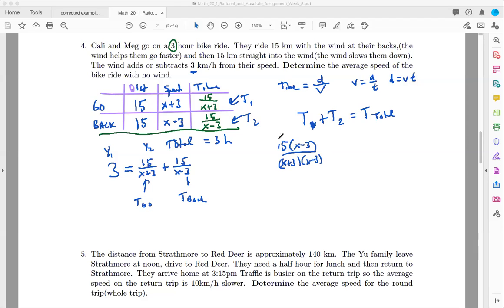Again, notice that this is still t-go, time go. And then this other one is going to be 15 times x plus 3 over x minus 3 times x plus 3. And again, notice that this is still our time back.